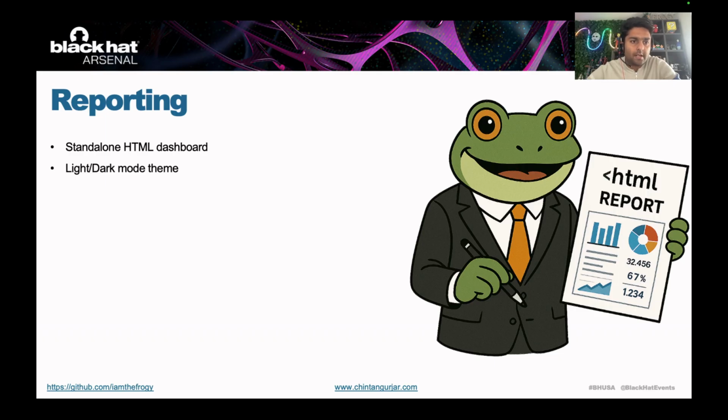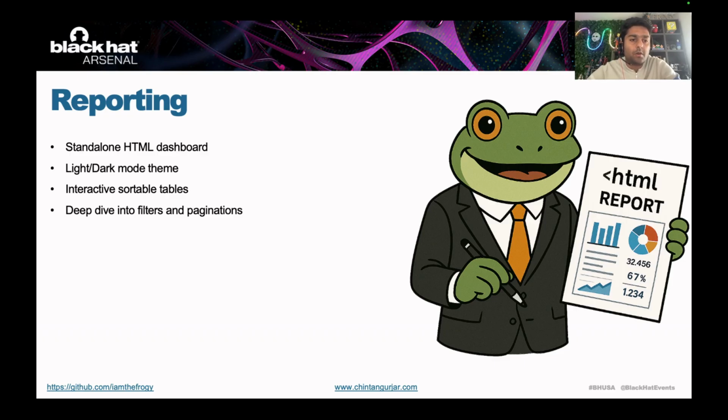You can also select light and dark mode depending upon what you prefer. You have interactive sortable tables, so not only am I providing the tables, but I'm also allowing you to filter like you do in an Excel file. So you can easily sort things, and I'm going to show you a demo on that. You can deep dive into filters and pagination.